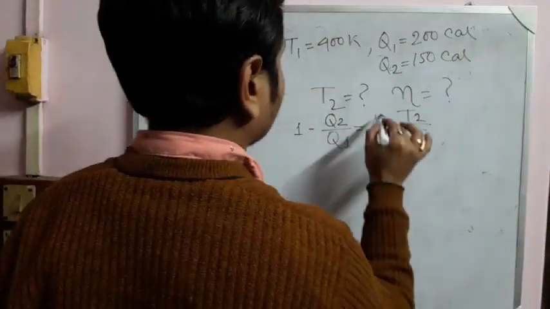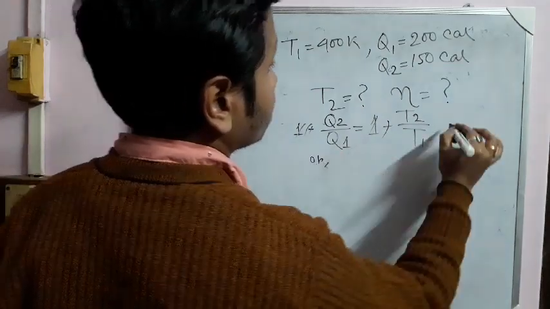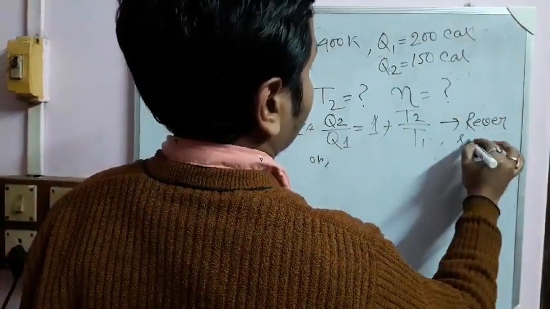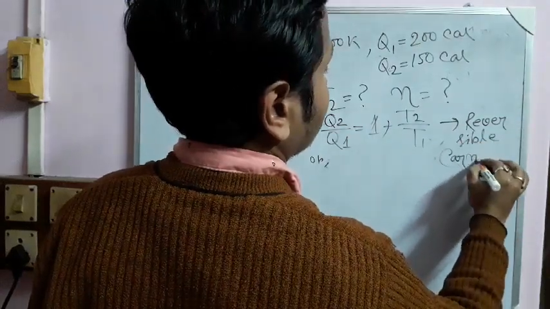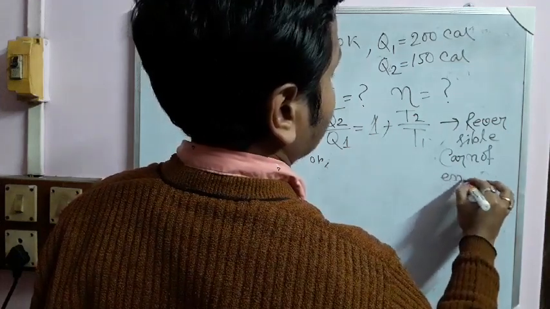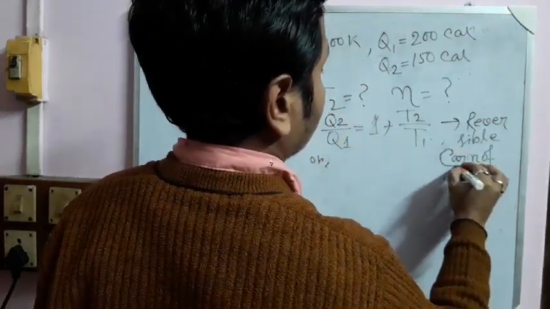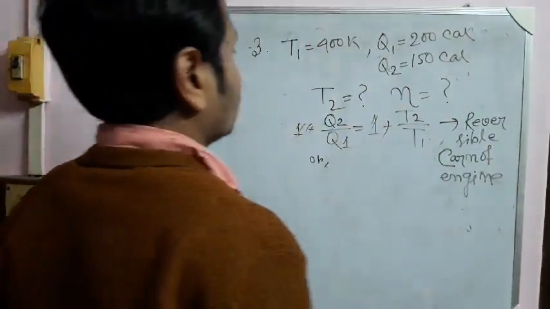So the 1 and the minus signs cancel. So this is for a reversible Carnot engine.